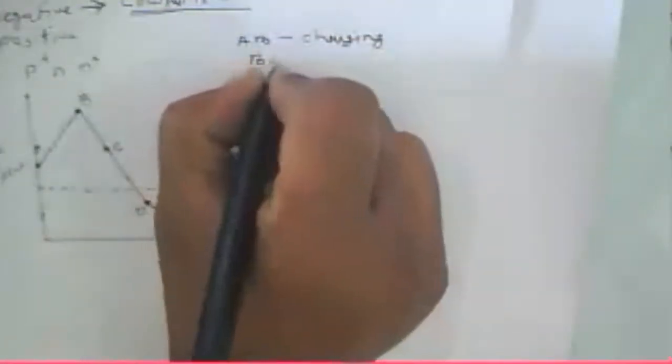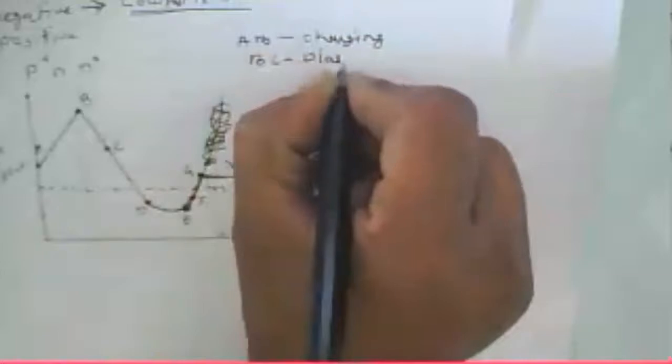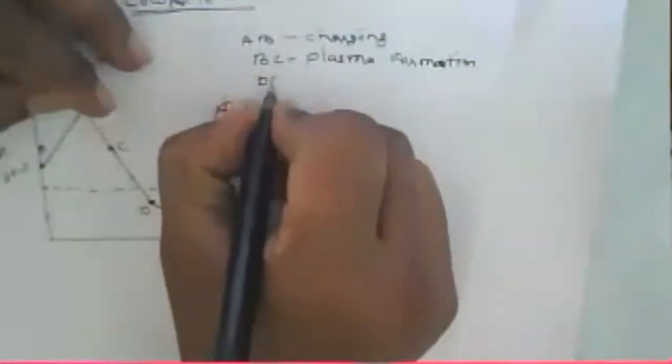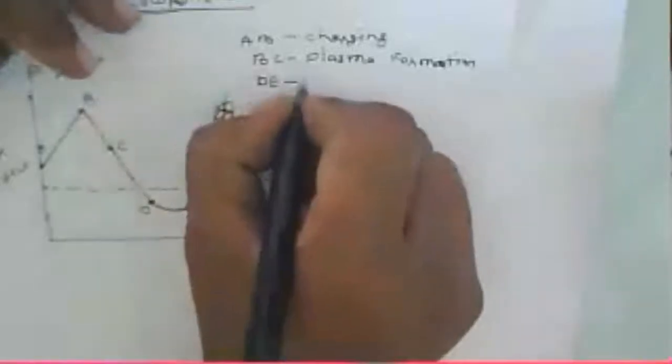The portion A to B is charging. B to C is plasma formation, where multiple charges are generated.